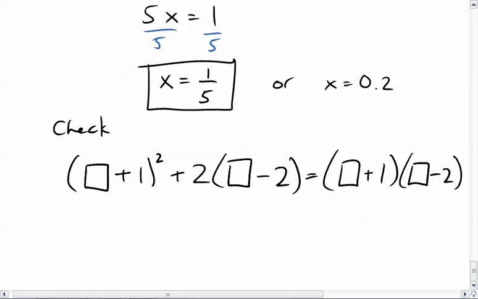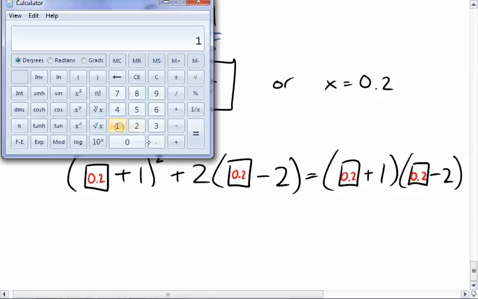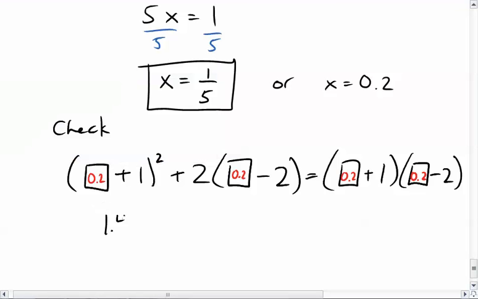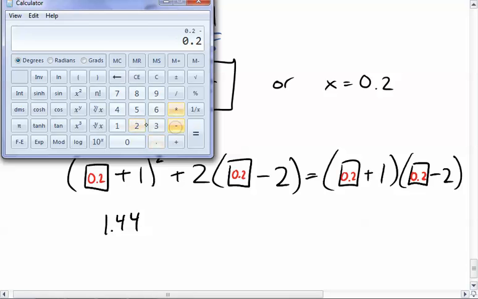So I'm going to put 0.2 in for x, and hopefully you'll get the same answer on both sides of the equation. So 0.2 plus 1 is 1.2. 1.2 squared is 1.44. 0.2 minus 2 is negative 1.8. Times that by 2, you get negative 3.6.